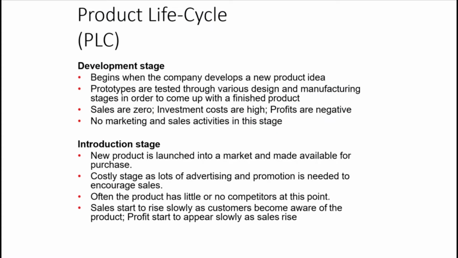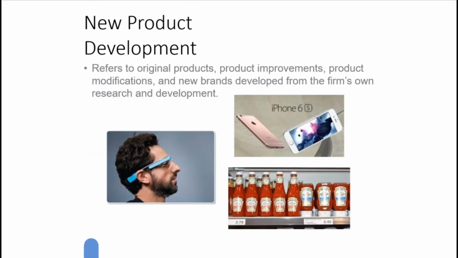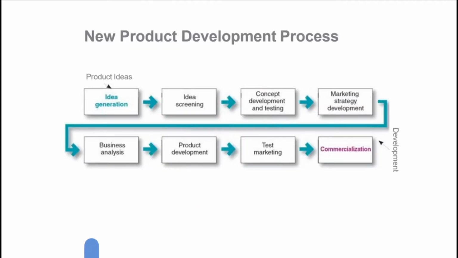So these are the explanation of the things that we already discussed. Every marketer, through their career, faces that kind of task of creating or developing a new product. So new product development refers to original products, product improvements, product modifications, and new brands developed from the firm's own research and development.